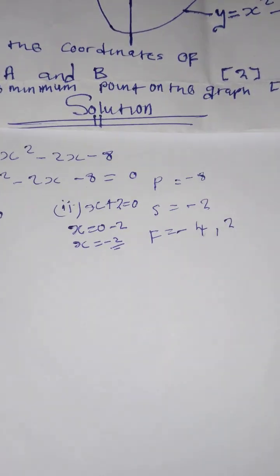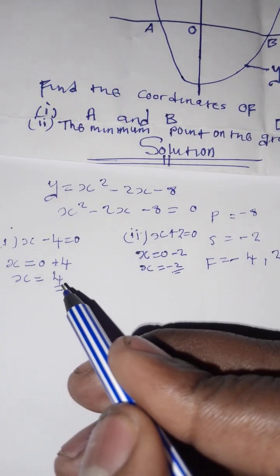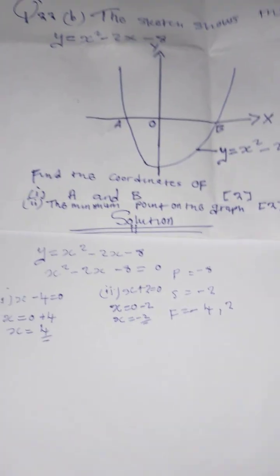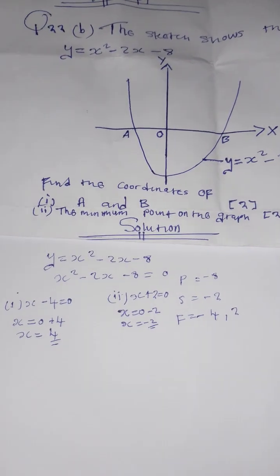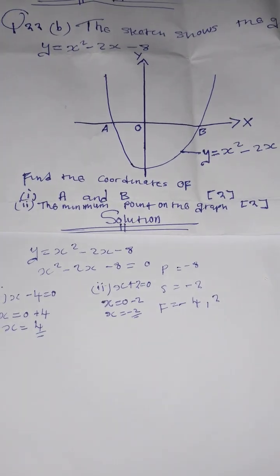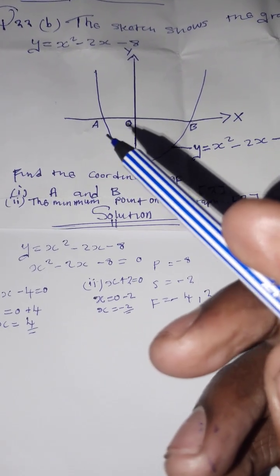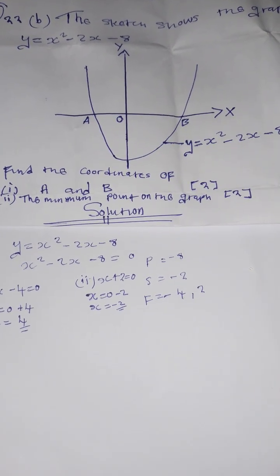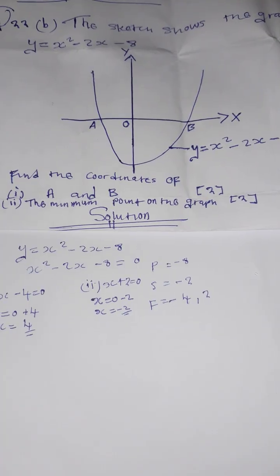So now you need to ask yourself a question. The first value of x, which is 4, is positive. We're trying to find out which one is for A and which one is for B. As you can see, A is on the left hand side, which is the negative side, and B is on the right hand side, which is the positive side.